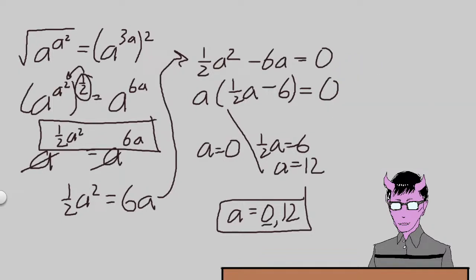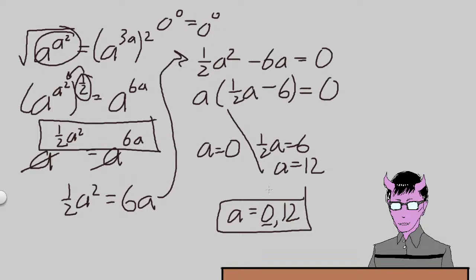In this situation, if we keep this answer of a equal to 0, then this one is actually 0 to the power of 0, which is equal to also 0 to the power of 0, which, you know, if it's undefined, then it's hard to say that's going to be true.